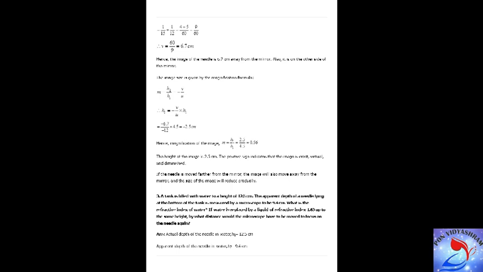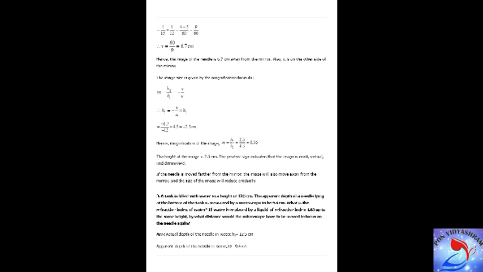So we know m is equal to h2 by h1, which is the height of the image to the height of the object, 2.5 by 4.5. When we divide it, we will get 0.56. So the height of the image is 2.5 centimeter, and the positive sign indicates that the image is erect, virtual, and diminished. Now we'll move on to the next one.